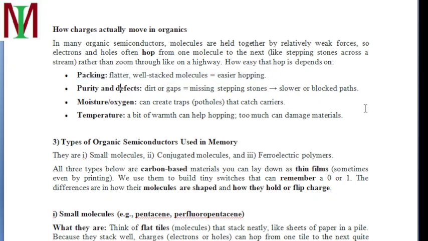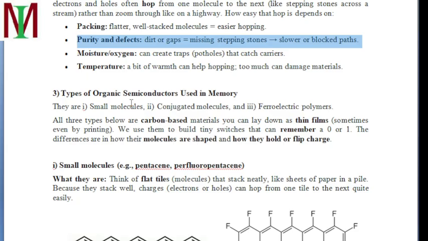Then purity and defects. While packing, or while they are kept together, if anything is there in between which will hinder the hopping, which we call impurity, then the stones are missing. The actual stone which is needed is missing, and only mud is there.